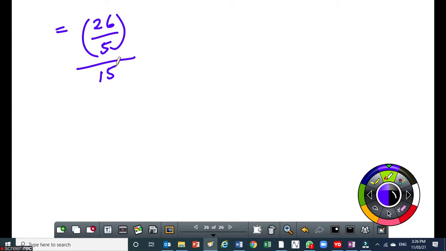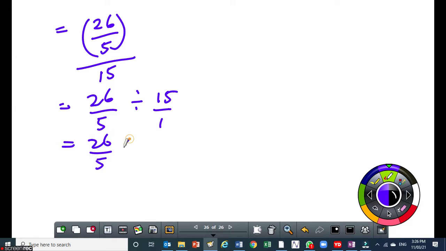Then I'll remove the division line, introduce the division sign, so it will be 26 over 5 divided by 15 over 1, and that will be equal to 26 over 5 times 1 over 15. So the final answer will be 26 over 75.